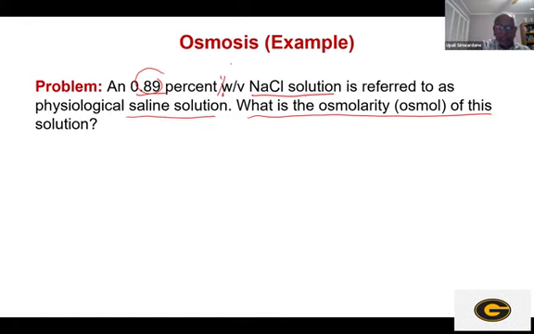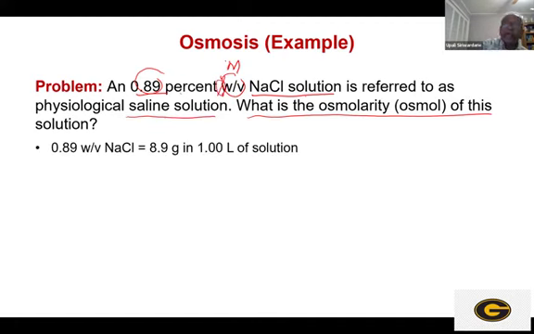Now you have to calculate the molarity. We have done conversion of weight by weight percent to molarity. So first you have to find how many grams of sodium chloride are in the solution. This is the weight by volume, meaning 8.9 grams of sodium chloride are in 1 liter solution.